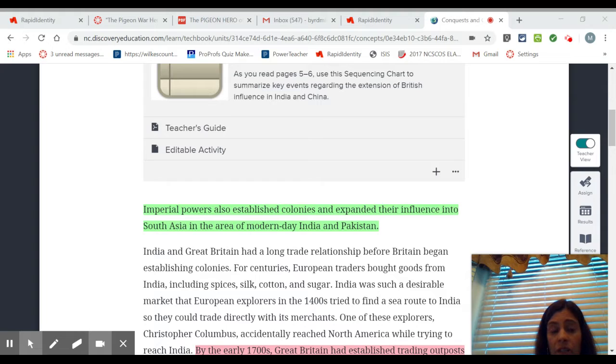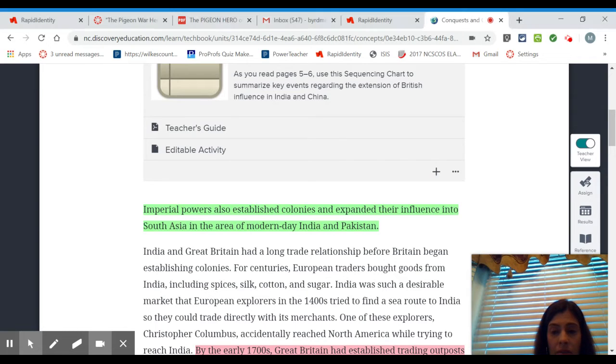So we covered Africa and North Africa and the Middle East, and we're going to move into the section about South Asia in what would be modern day India and Pakistan.